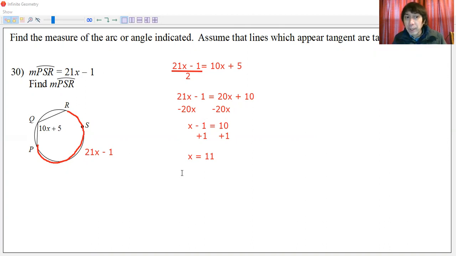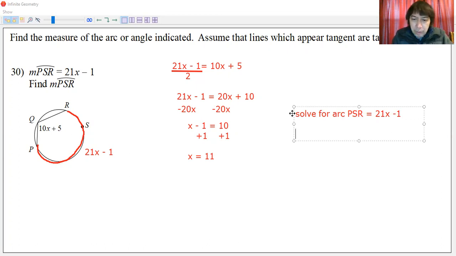And that's 21x minus 1. So solve for arc PSR, which is equal to 21x minus 1. This is equal to 21 times 11 minus 1.